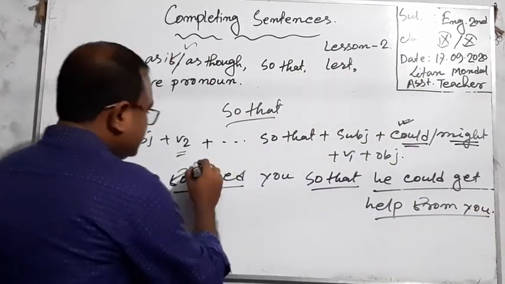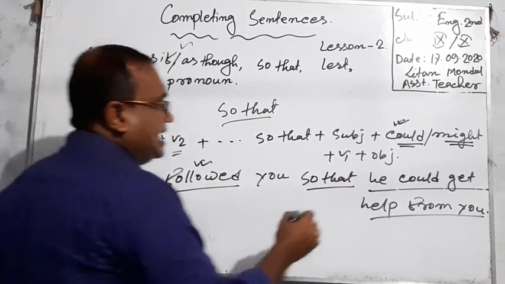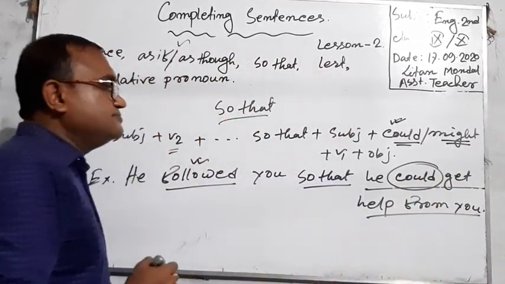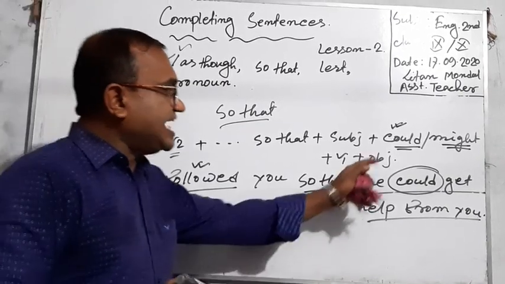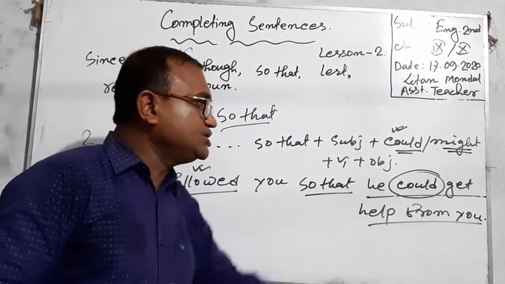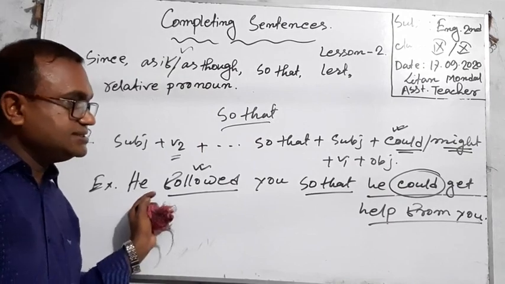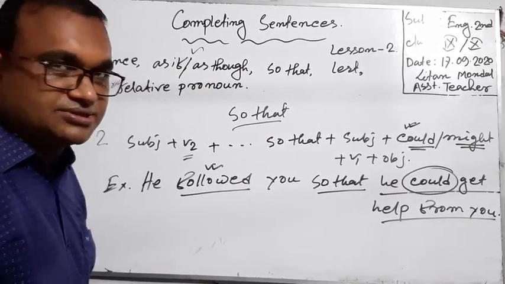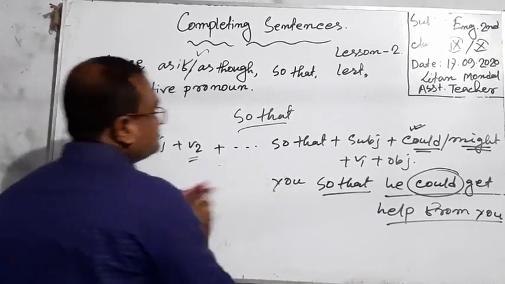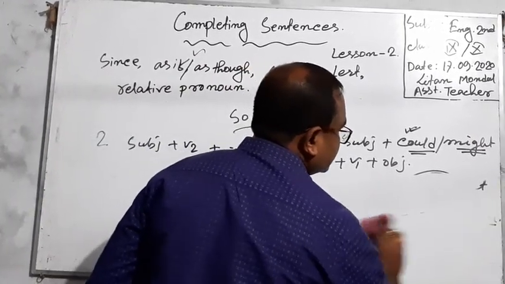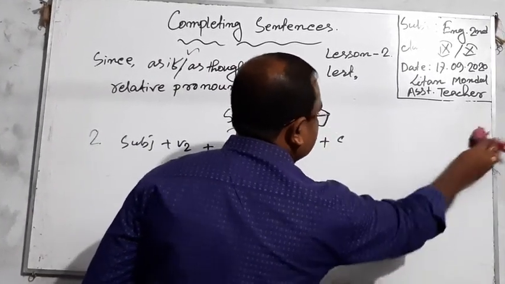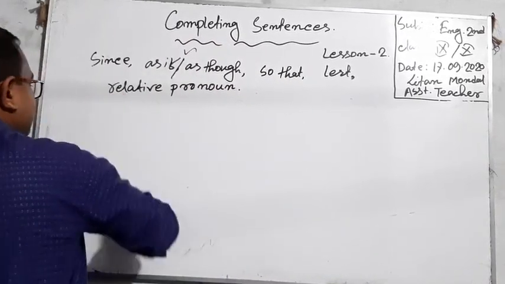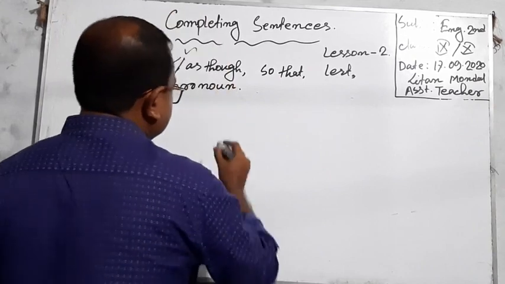Okay? For this past indefinite, I have to make the past form of the modal can, and that's why I have used here could. Okay? Is that clear to you? Yeah, I think this is very clear. Now we will see about the last. Okay? Last is a very interesting rule.